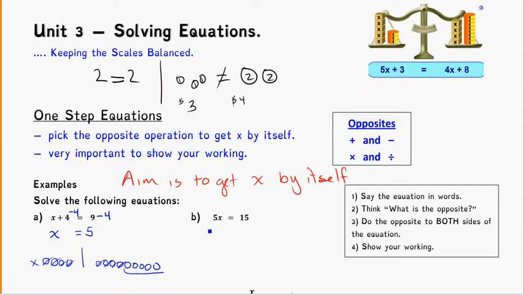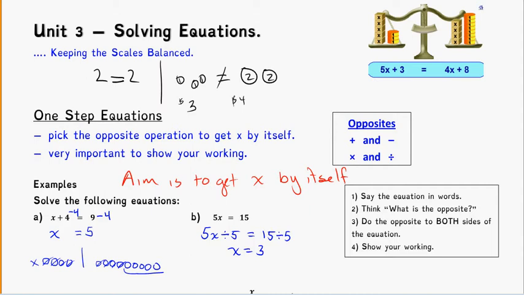There's a couple of ways you can write this for working. We could write divide by 5 is equal to 15 divided by 5, where again I'm putting divide by 5 on both sides because I have to do it to both sides of the equation. So what's 5 divided by 5? That's 1. So I'm left with just the x. And what's 15 divided by 5? That's 3. And that's my answer.